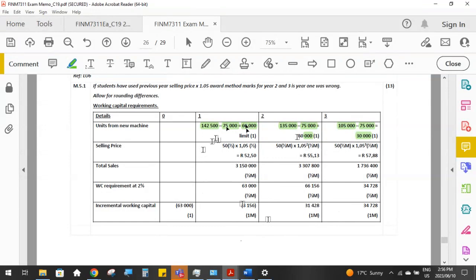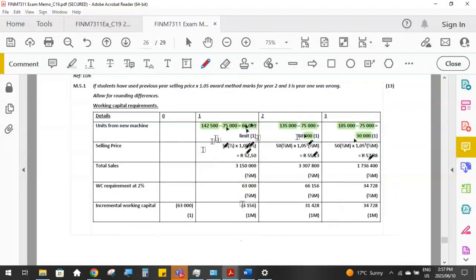So we now have to work out what is the sales value of these number of units. So we have to work out the selling price. Remember, currently the selling price is 50 Rand, but that is going to increase by 5% per year for the next 3 years. So 50 plus 5%, 52.50. 52.50 plus 5% is 55.13, plus 5% again.